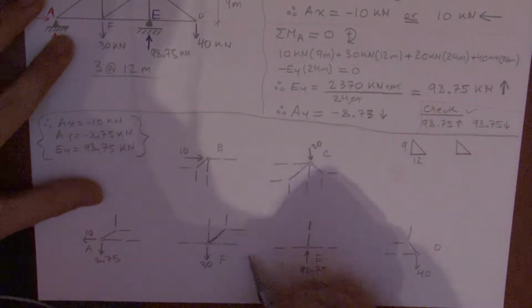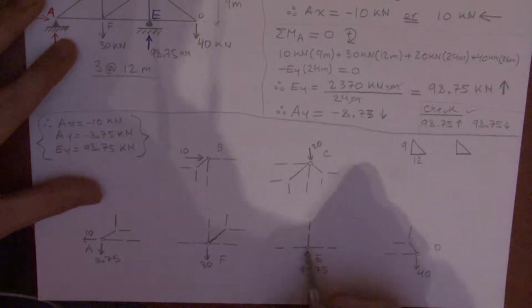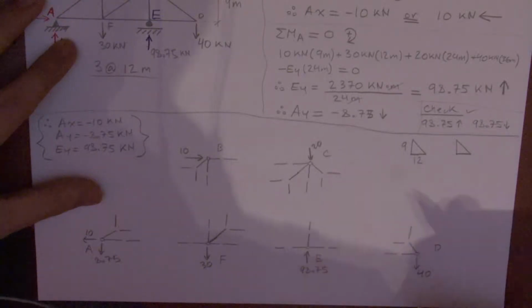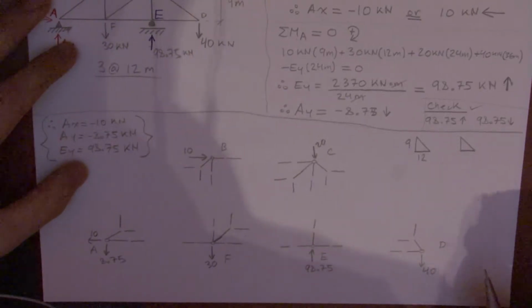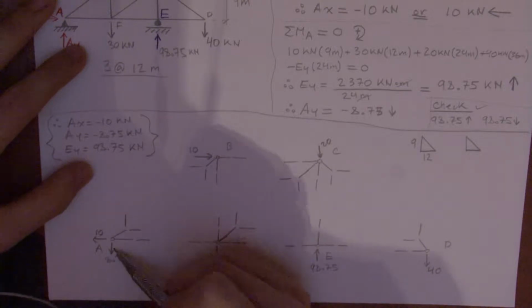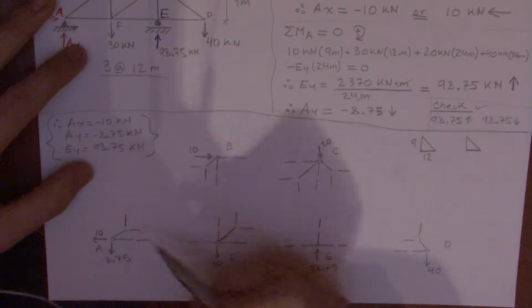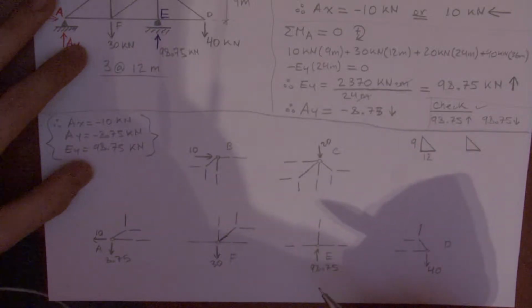What these lines are is just my forces without direction yet. You can start at E because you have one going up. You can't really do anything in the X. You can start at A because you have one down and then you have one over here, which is probably going to be up to balance it out.